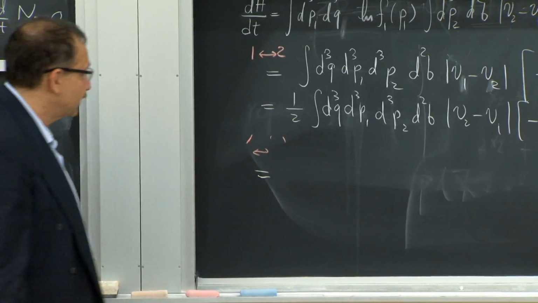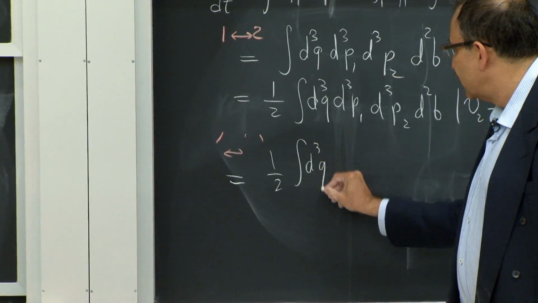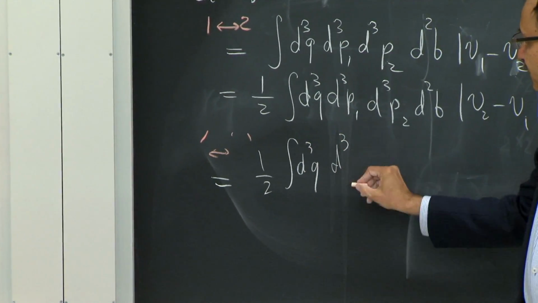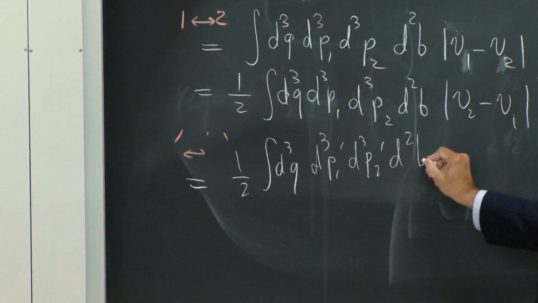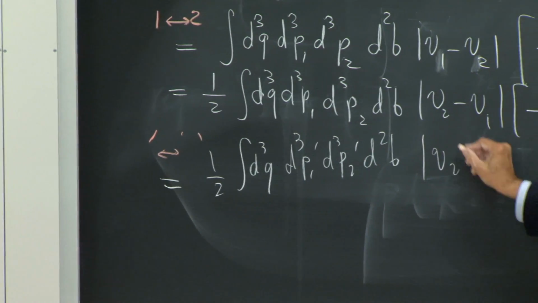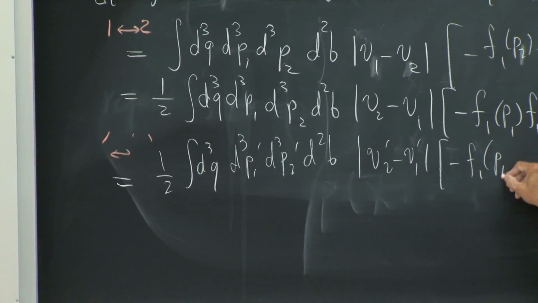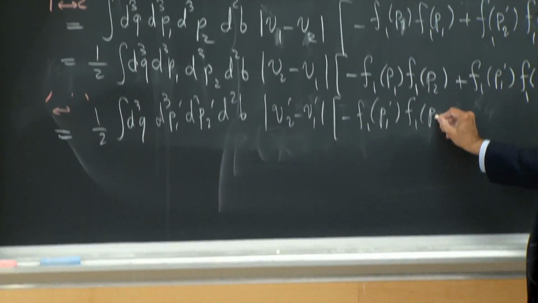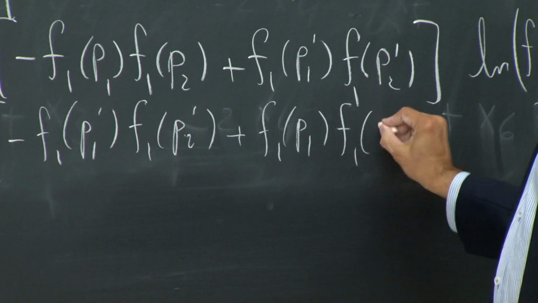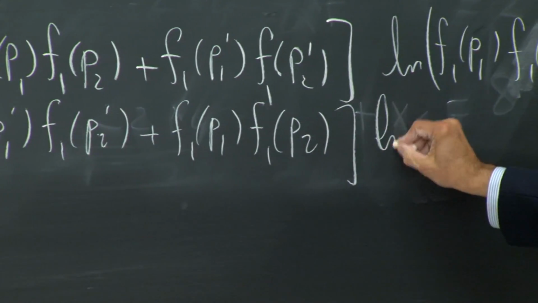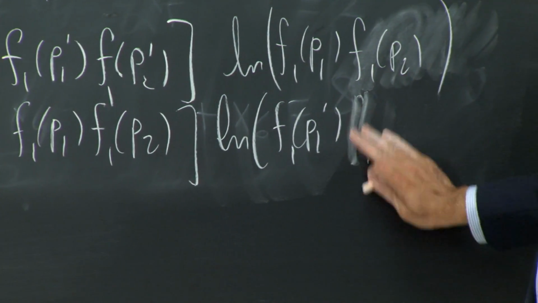So what I would eventually write down is that I would have d cubed p1 prime, d cubed p2 prime, d2b, v2 prime minus v1 prime, minus f1 of p1 prime, f1 of p2 prime, plus f1 of p1, f1 of p2, and then log of f1 of p1 prime, f1 of p2 prime.